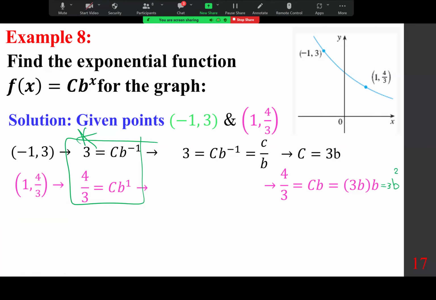Now, if I divide both sides by 3, you get 4/9 equals b squared. And b becomes plus minus 2/3.